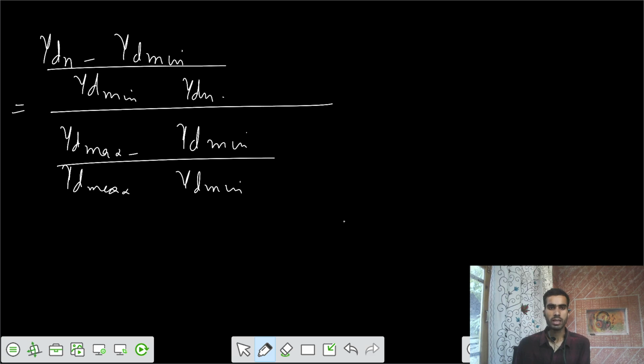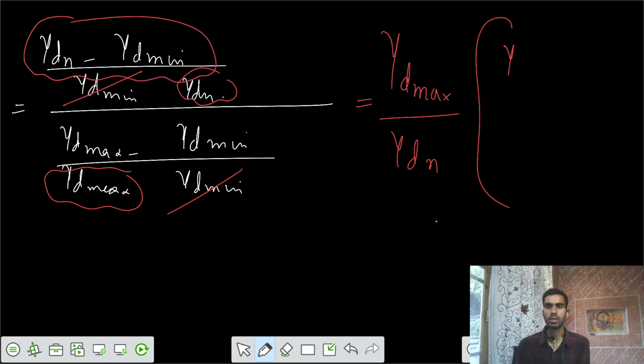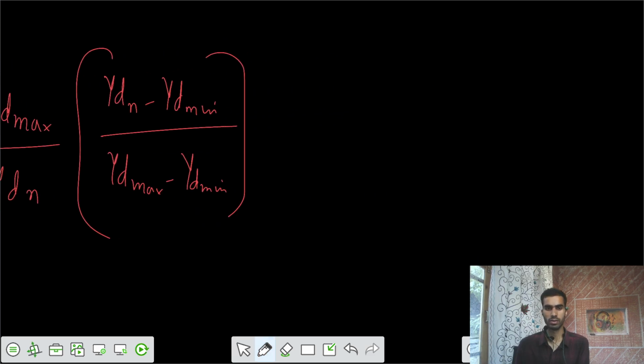Your gamma d minimum gets cancelled, so you are left with gamma d max divided by gamma d natural, times gamma d natural minus gamma d minimum divided by gamma d max minus gamma d minimum.